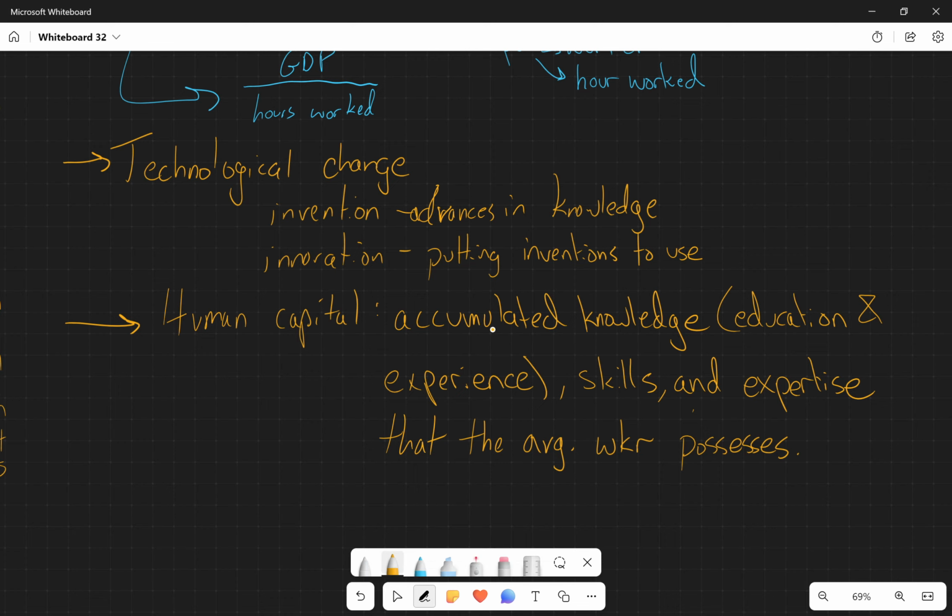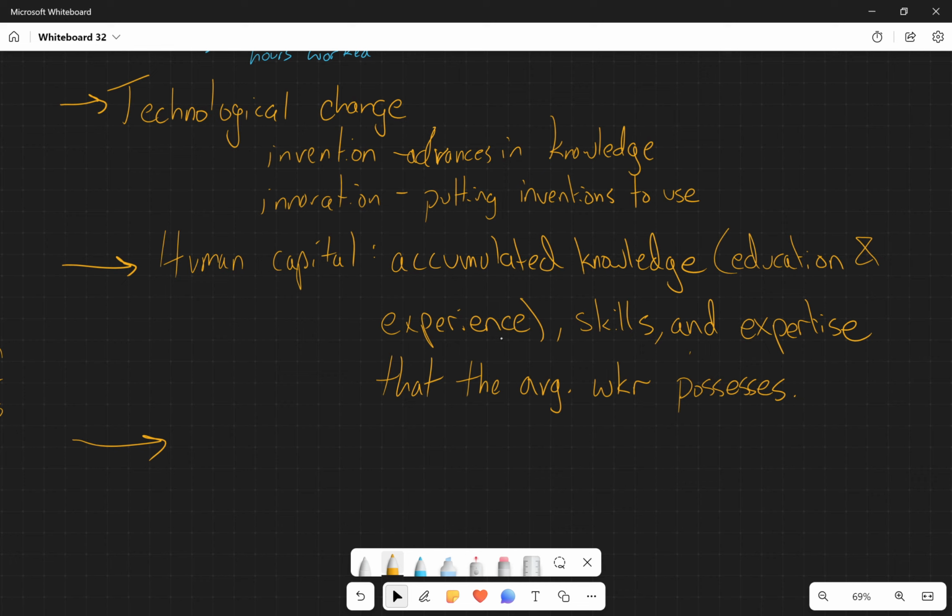And then our last determinant, which we're not going to talk about too much, but is important to mention, is what's called economies of scale. So we see this especially in the tech sector, right? It costs a lot of money to start a Facebook and market a Facebook and get everybody to sign on to Facebook, right?